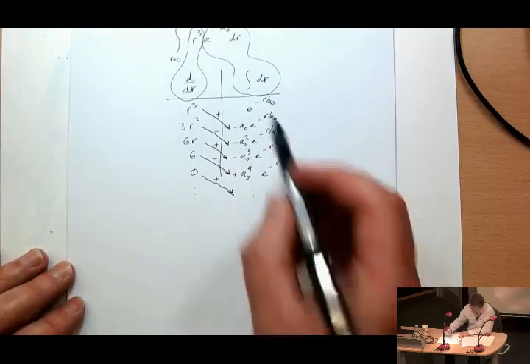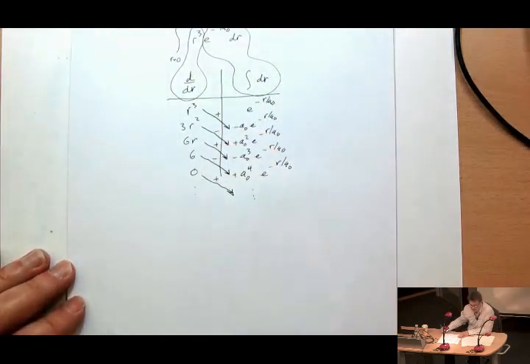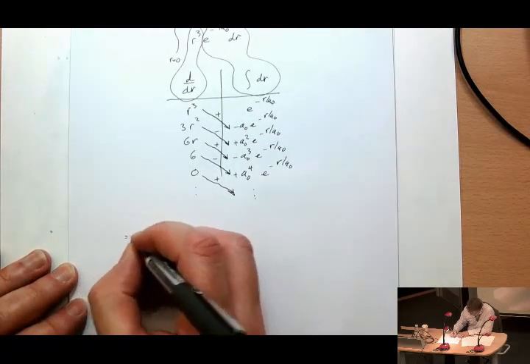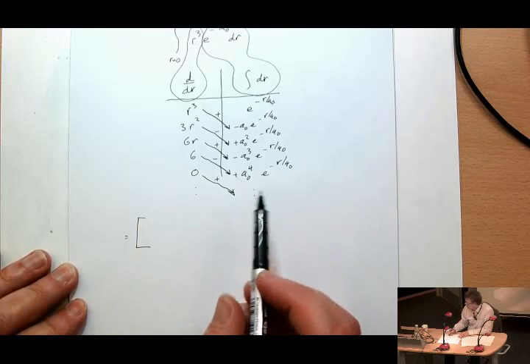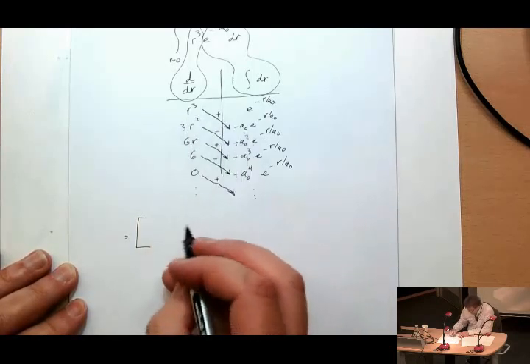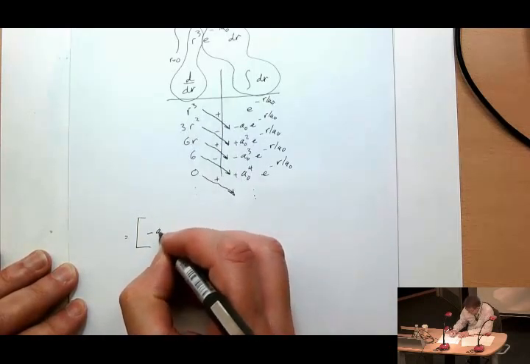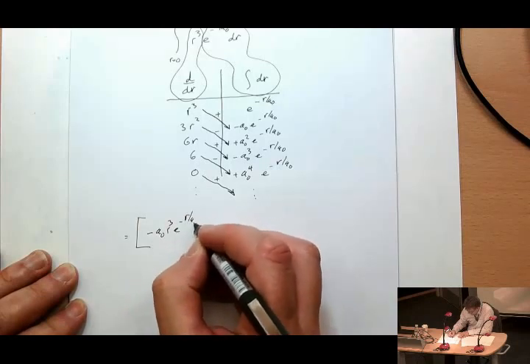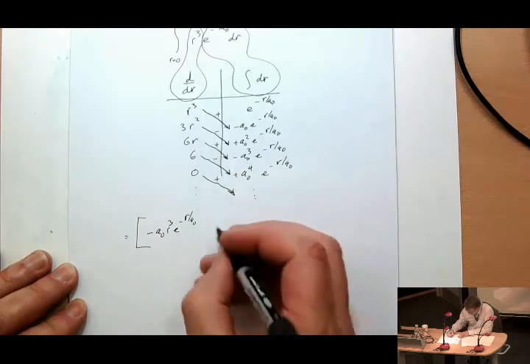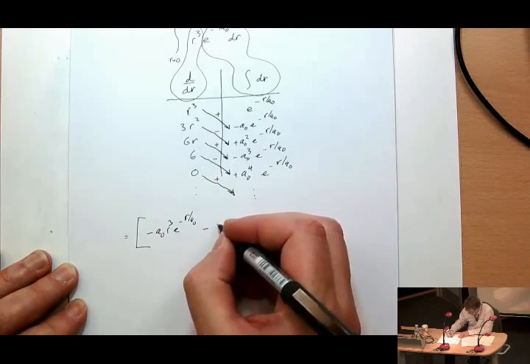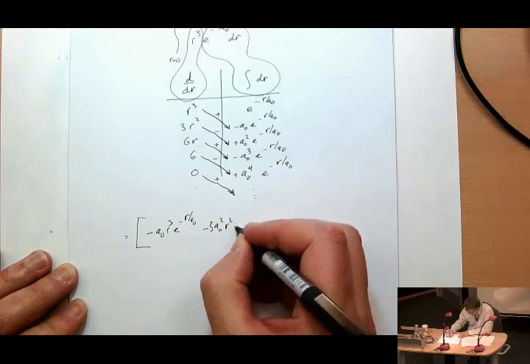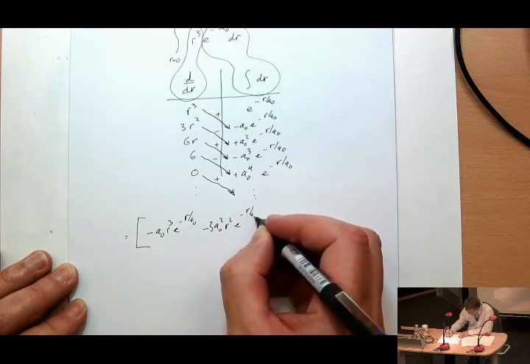Okay, so this is just the shorthand way of doing it, which means that my integral is now equal to this first term here, so it's going to be minus a naught r cubed e to the minus r over a naught. The second term, minus 3a naught squared r squared e to the minus r over a naught.